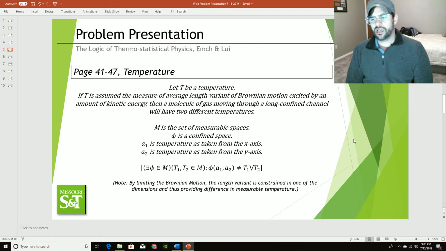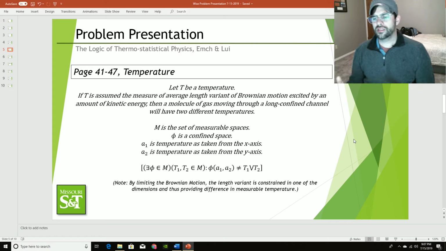This is actually going into my background a little bit. I had a fluids class and we talked about this in depth. It's kind of neat to think about, as it's a rare case, but it is something that happens. Basically, let T be a temperature, and assume T is the measure of average length variate of a Brownian motion excited by an amount of kinetic energy.